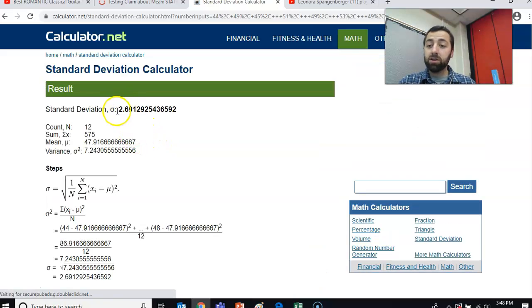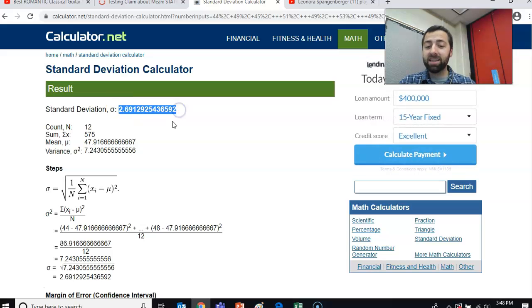Okay, so it gives you your standard deviation. It's 2.69. I think I rounded it to 2.7. Now we're going to say that's the population standard deviation. All right, there's more complexities to that, but we're not going to deal with those for right now. So our sample standard deviation was 2.70, and we're going to assume that that's our population standard deviation as well, 2.70.